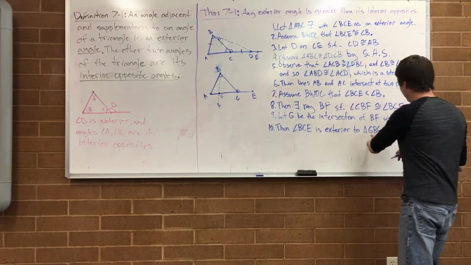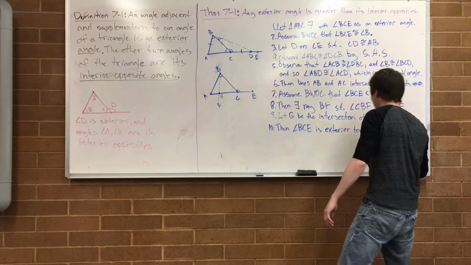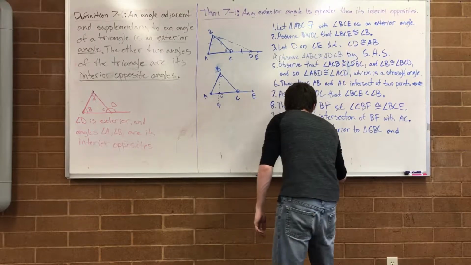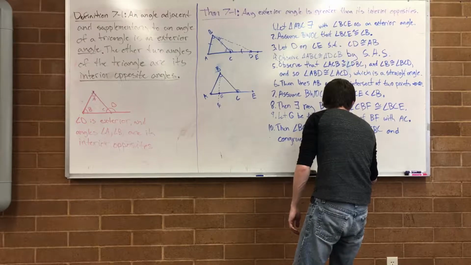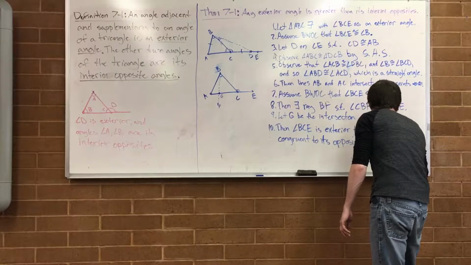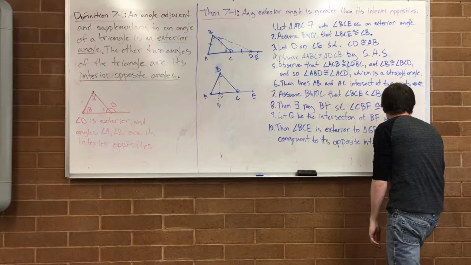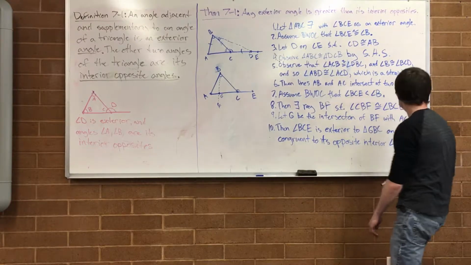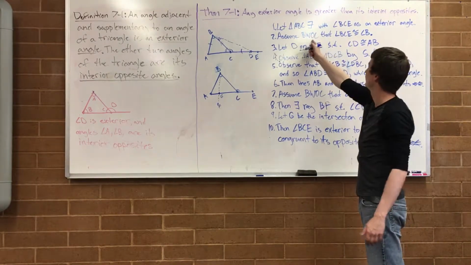Then that is exterior to this triangle GBC and congruent to its opposite interior angle GBC. Contradiction. Right? Because we already handled that case. We said that can't be the case.